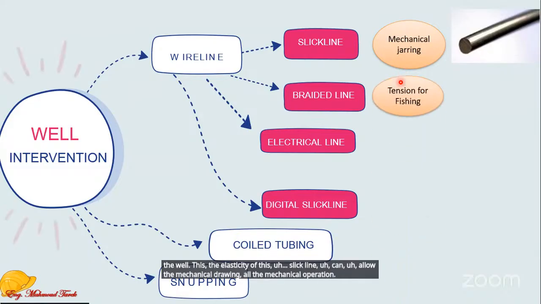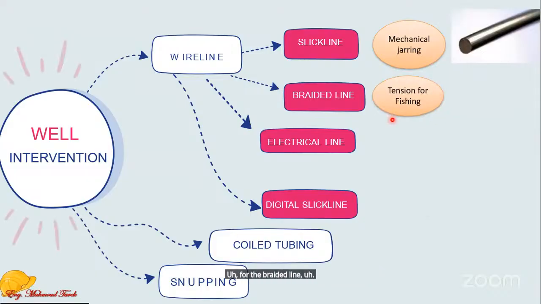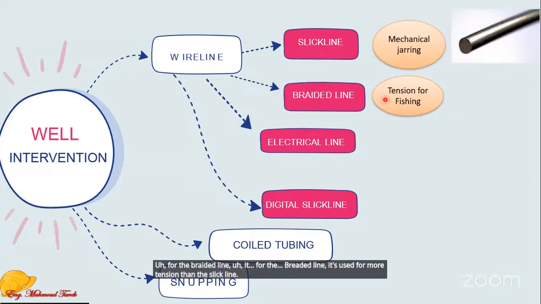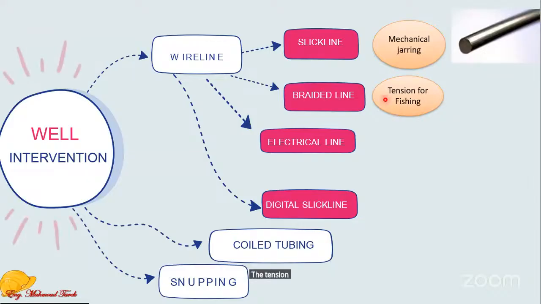For the braided line, it is used for more tension than the slickline. The tension for the braided line can be applied higher than the slickline, so it can be used for applications that need more tension, like fishing and swabbing operations.